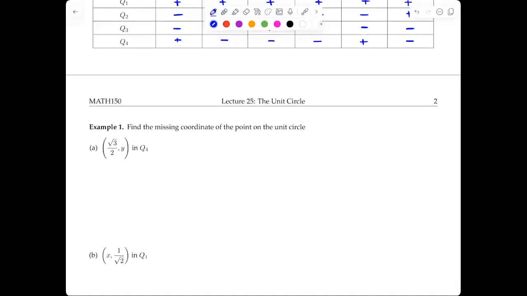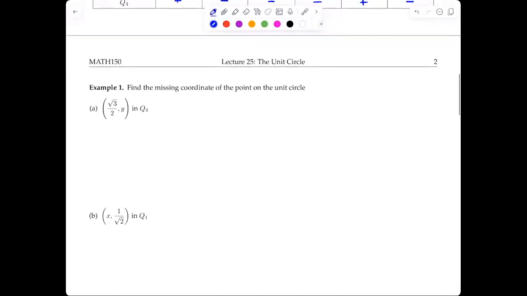It looks a little bit complicated, but we're just going to use the Pythagorean theorem to solve for the missing component. Remember, this is the unit circle.